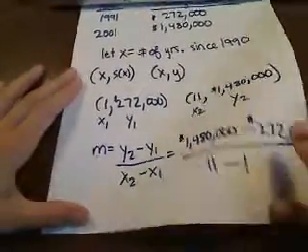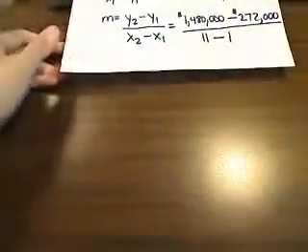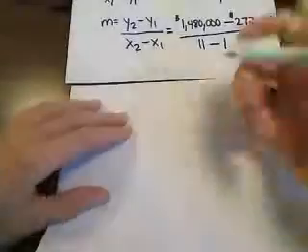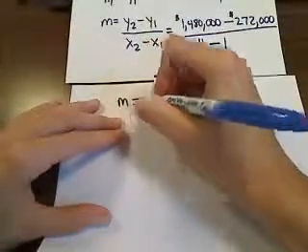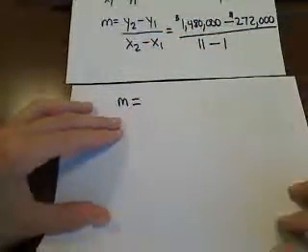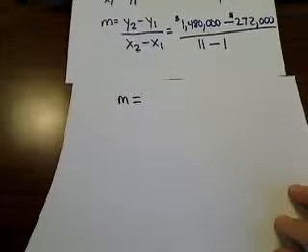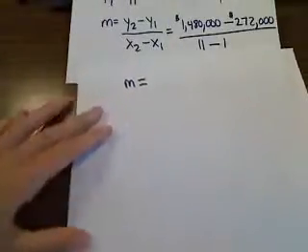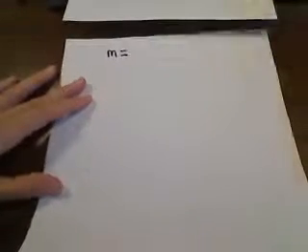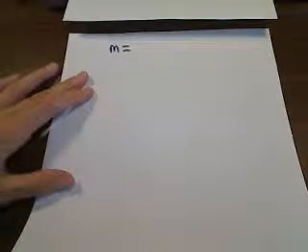So our slope ends up being: I'm going to take my 1,480,000 number and subtract the 272,000.